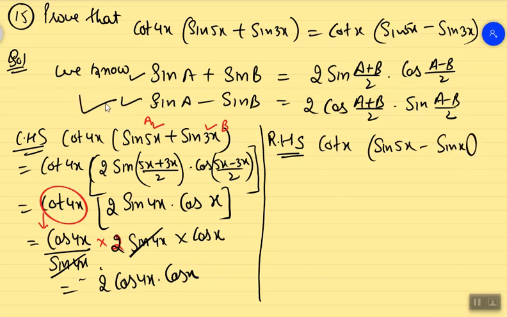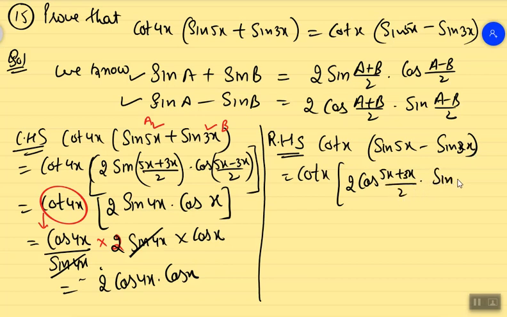So I will use this formula, cot x into 2 cos (5x plus 3x) by 2 into sin (5x minus 3x) by 2. Cot x, 5 plus 3 is 8, 8 divided by 2, this is 4x.